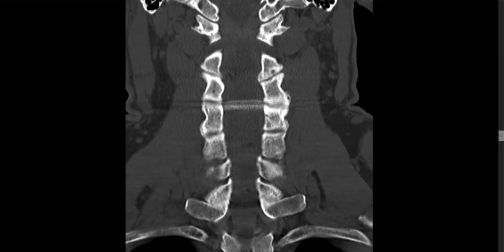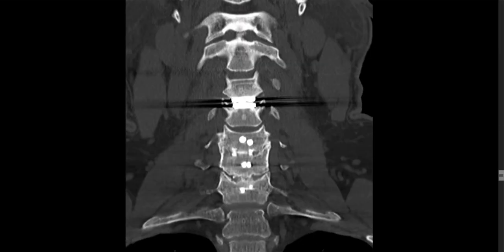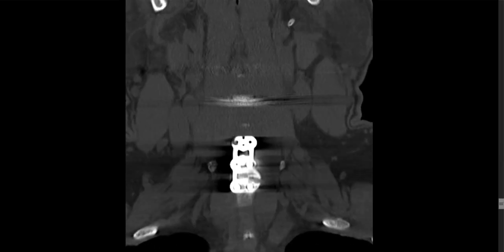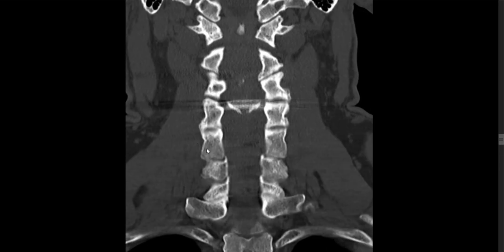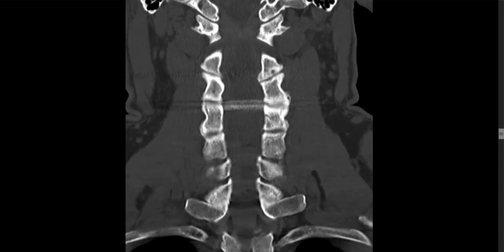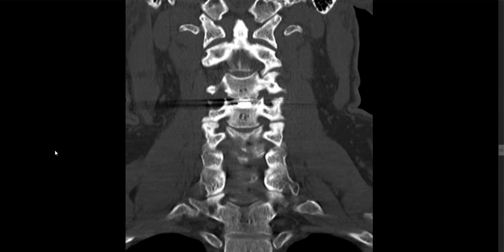Other than that, no sign of any hardware damage. And you see the joints, clear space, a little buff calcification there, but it's opened up.